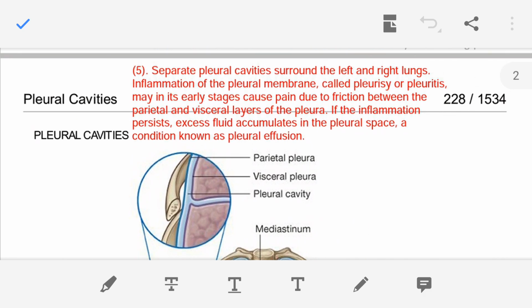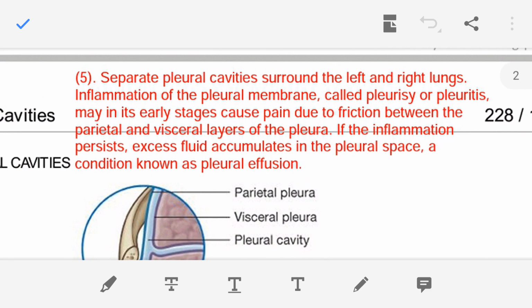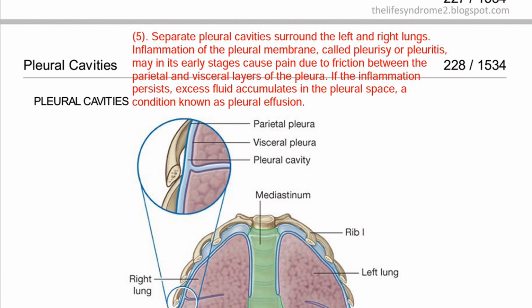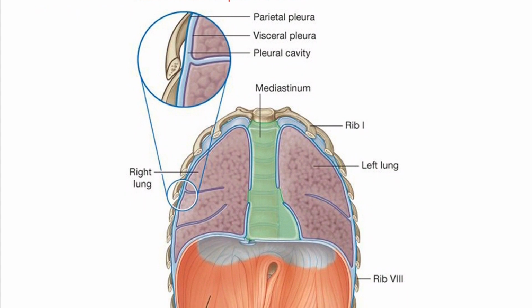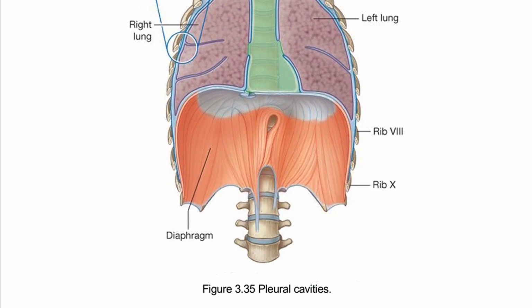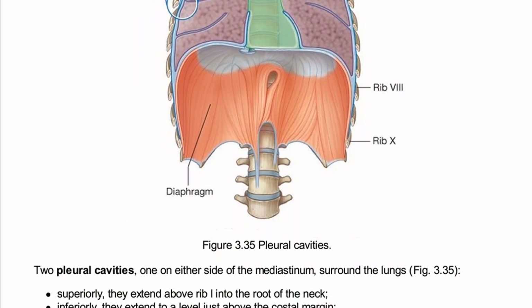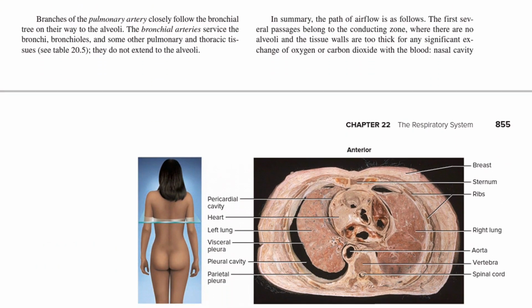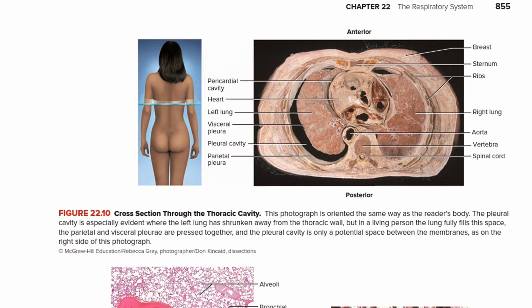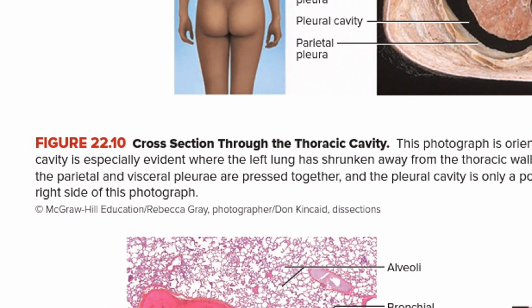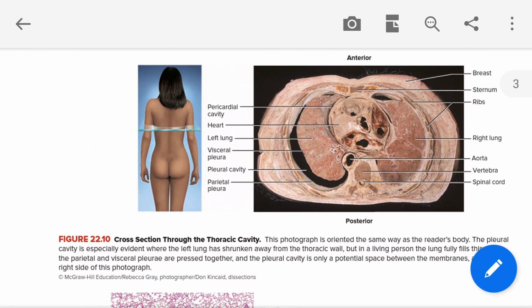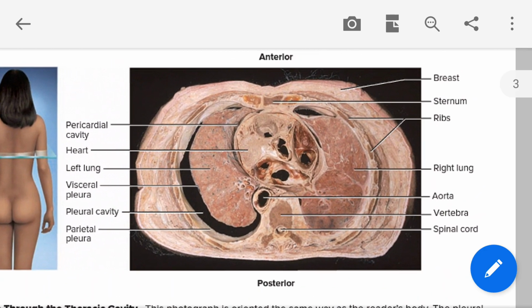Now, so this is the theory point, fifth, and you observe this figure. Now this figure, see what is this? Cross section through the thoracic cavity. And this is a very nice figure. All the names are given.